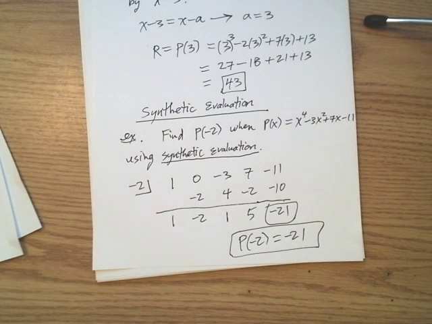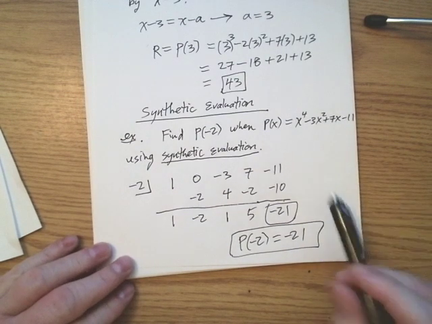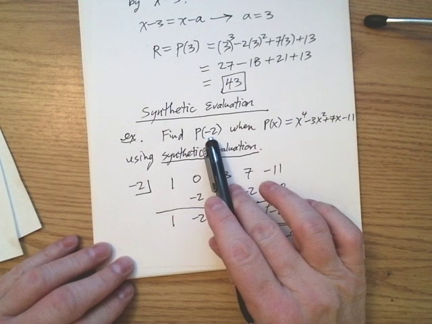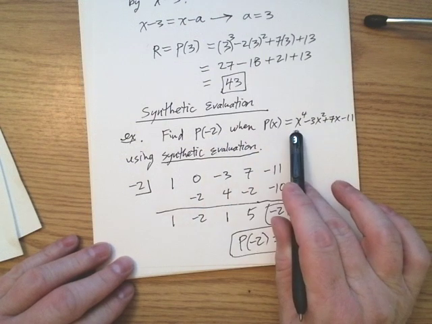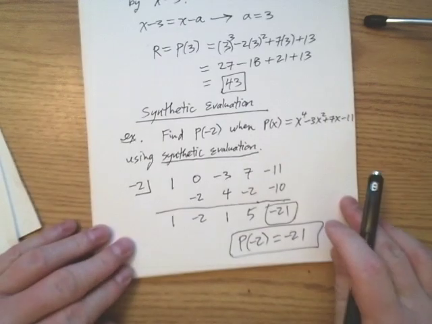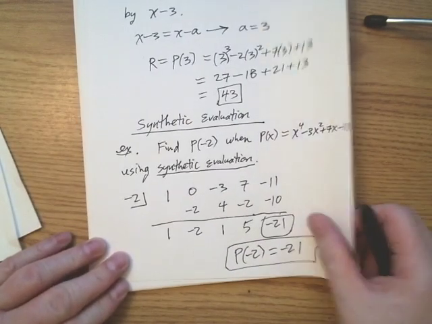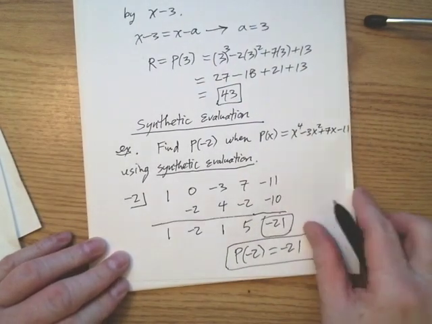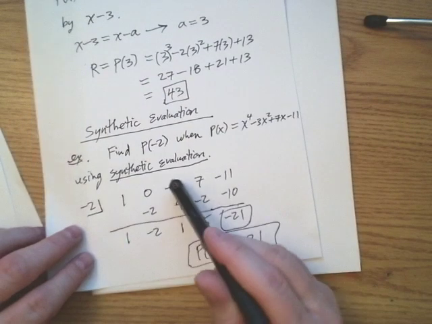Now, if you don't believe me, another way to double check this would obviously be to what? Go back and just let x be -2 in here and compute this the old-fashioned way. Let's do that just as a double check. It never hurts. You wouldn't get credit for doing it this way because I did ask you specifically to evaluate the polynomial at -2 by using synthetic evaluation.